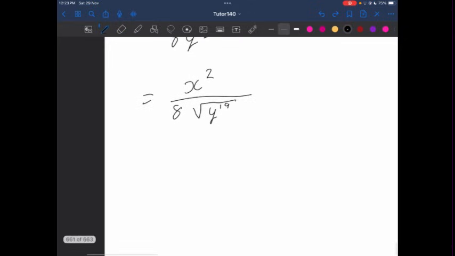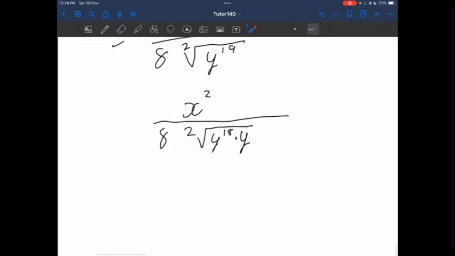So now, since it's a 2 here, when we want to take variables out of the square root, it's kind of like you're dividing by what number is here. So since it's 2, I'm going to break up what's inside the square root and say x squared over 8, and y to the power 18 times y.